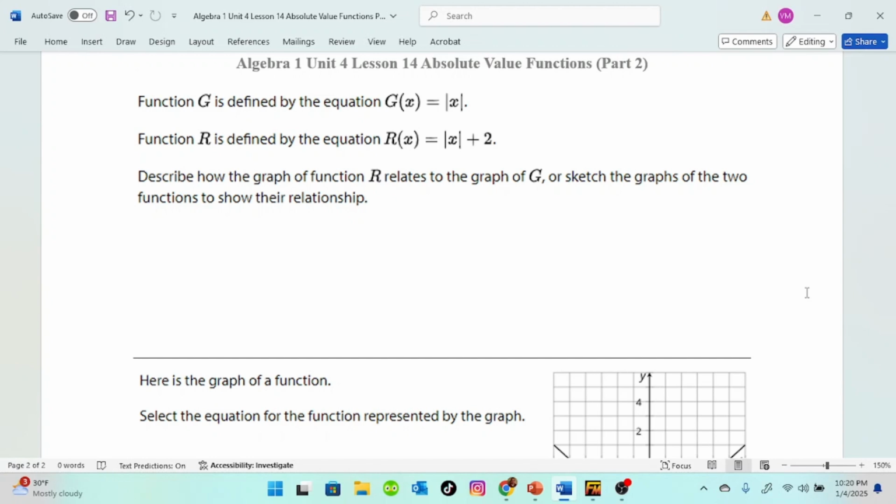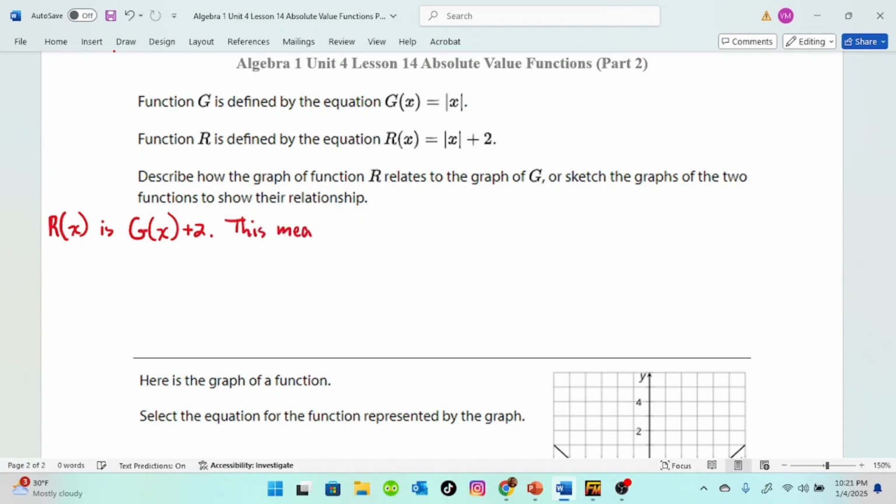So I'll say a couple of things on this one. First off, we notice that r is simply g plus 2. So r of x is g of x plus 2.